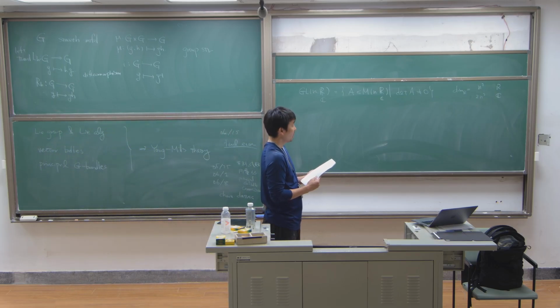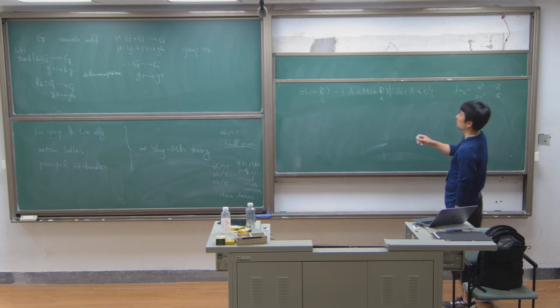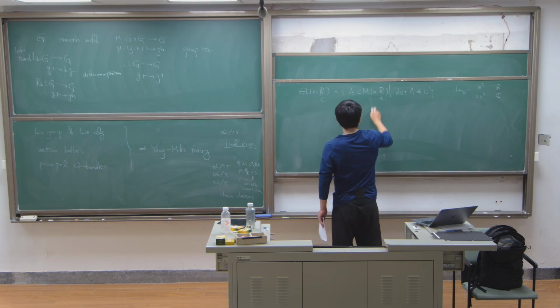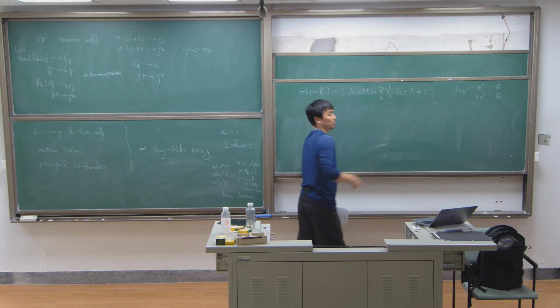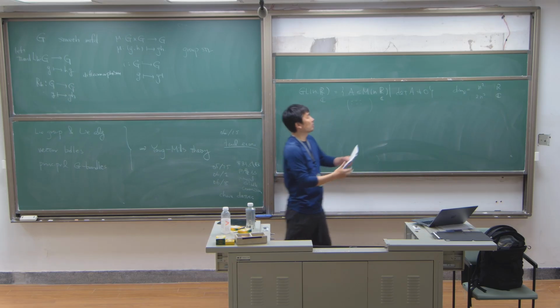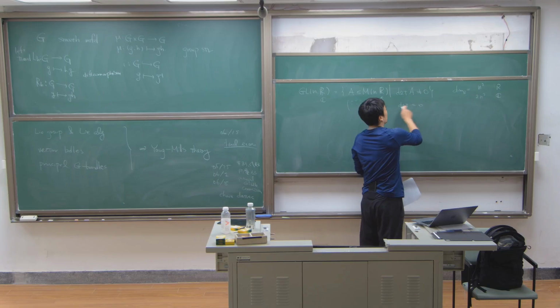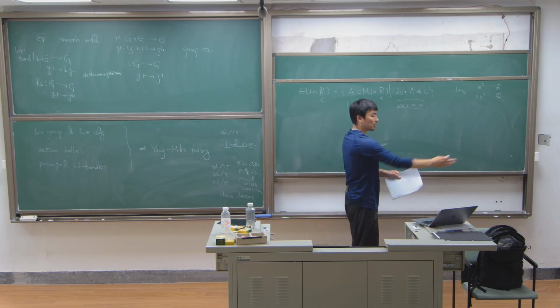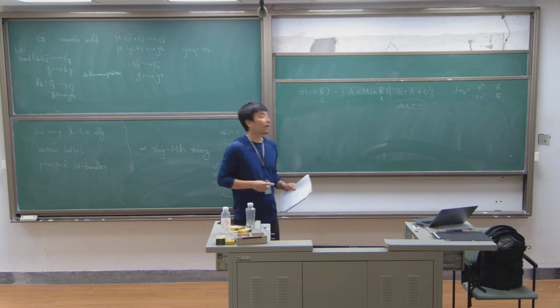Note that because it's n by n, you just count the entries. So those are the dimensions, but the determinant equal to 0 locus has codimension 1.